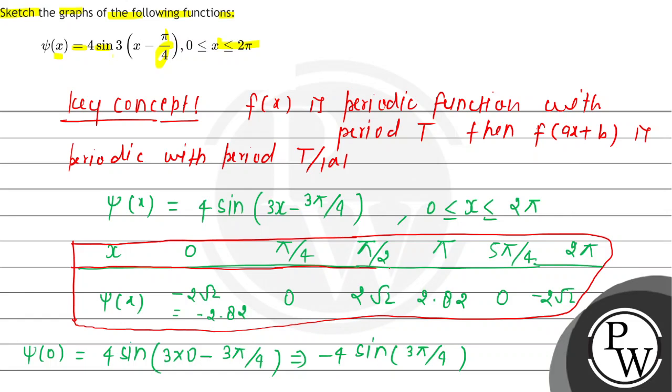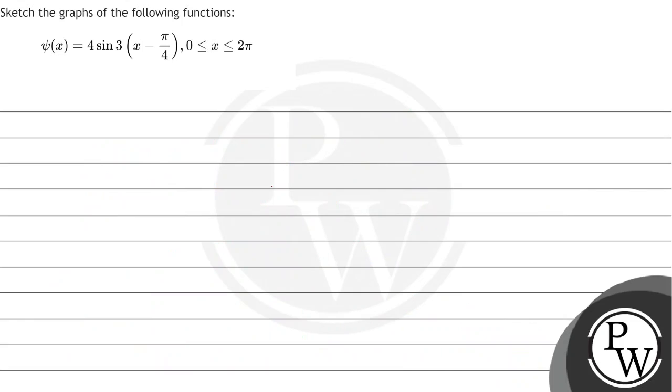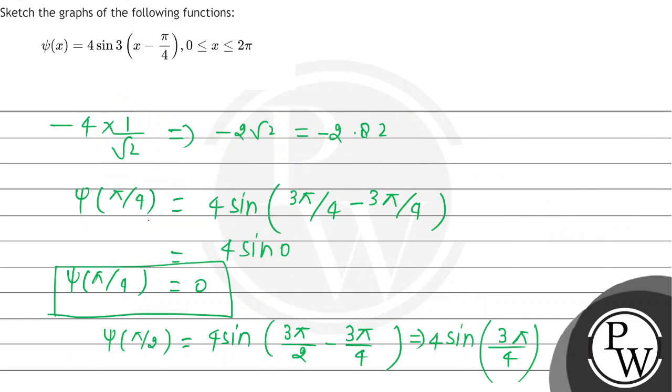On the basis of this table, we'll draw the graph of sin x. So we can plot the graph of sin x. This is the y-axis, this is the x-axis. So first of all, the graph will start from x equal to 0.